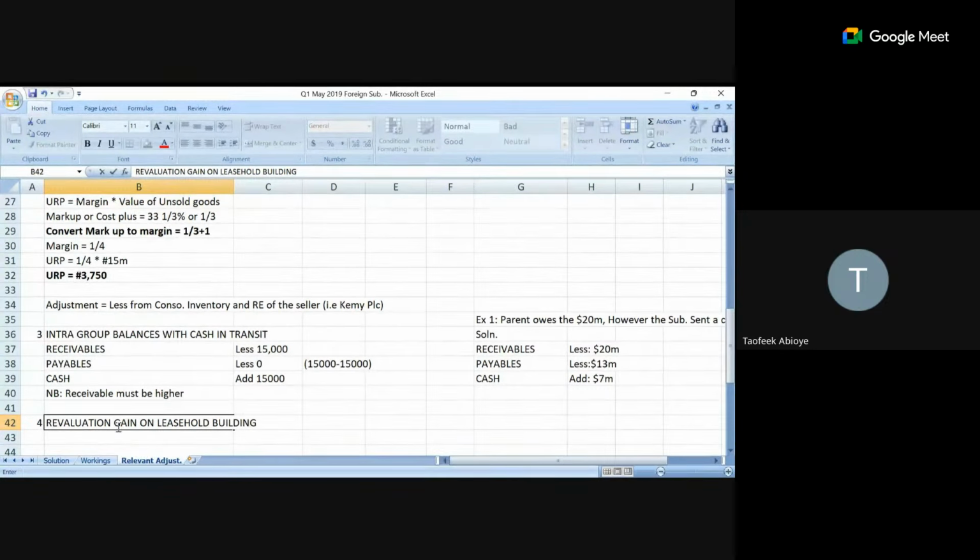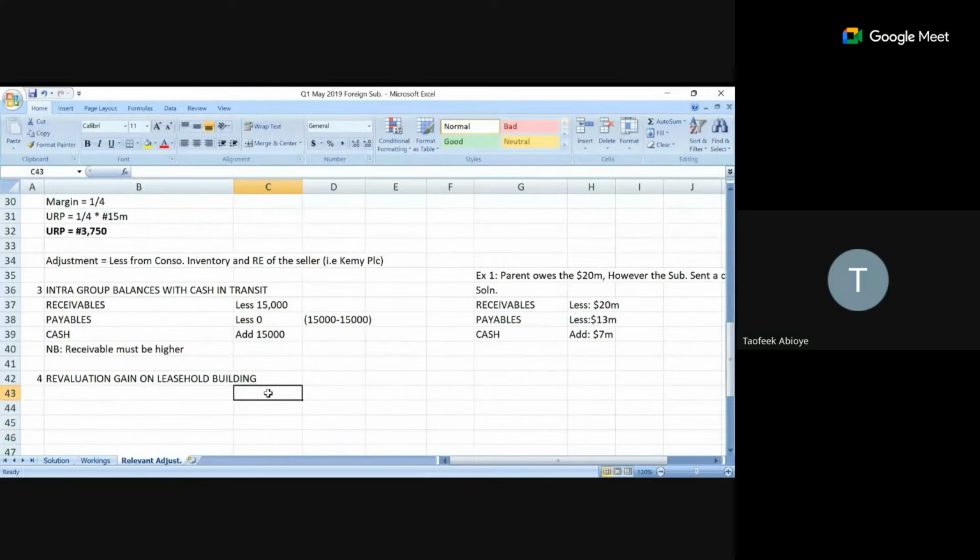So now let's determine that revaluation gain. They said we are using Naira, right? Let's use our Naira sign. Let's hang our 1,000. Now, they said on 1st October 2016, right? Yes.